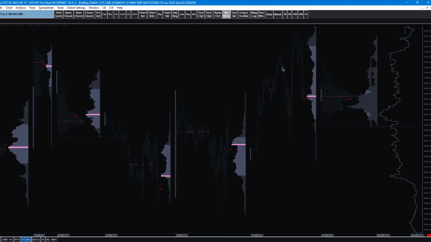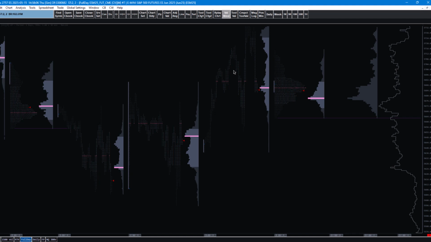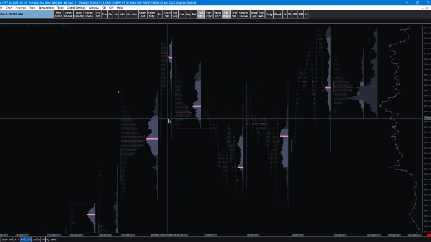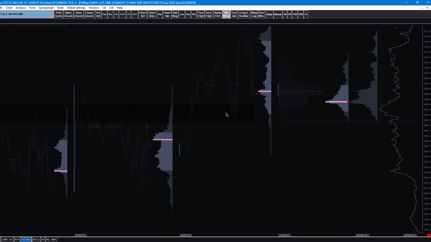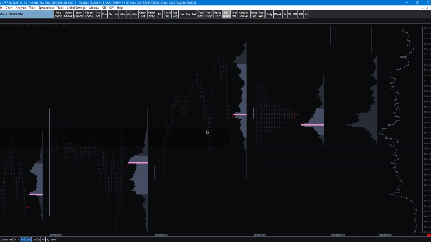But once we've started to auction off higher prices, right, and really accept higher, we're going to be looking at the extreme of this balance, which is, I'd like to say, this zone, to see if we accept back into it or reject. Here, you could have gotten stopped thinking it was a rejection, right?